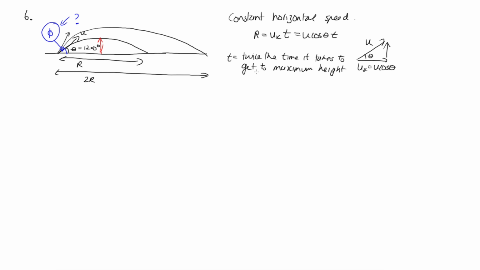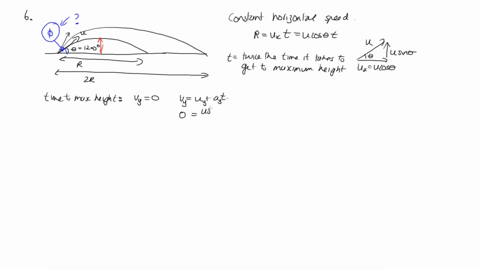So we can work out the time to maximum height. To do that, we'll make use of the fact that at maximum height, the velocity is equal to 0. So we can use v = u + at, and we're going to use the vertical components in this equation to get our time to maximum height. So vy is 0, and uy, the initial vertical velocity, is u sine theta.